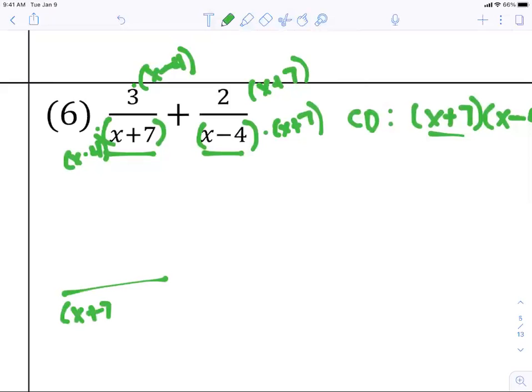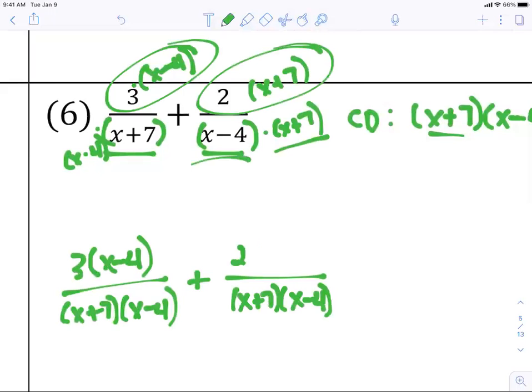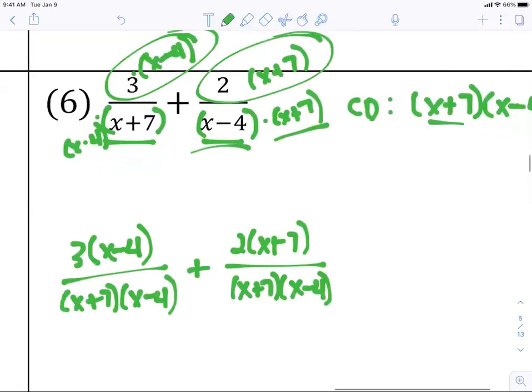Let's say we have x plus 7 times x minus 4. On the top, it's going to be 3 times x minus 4. And then the second fraction, it's x plus 7 times x minus 4. And on the top, you're going to have 2 times x plus 7.